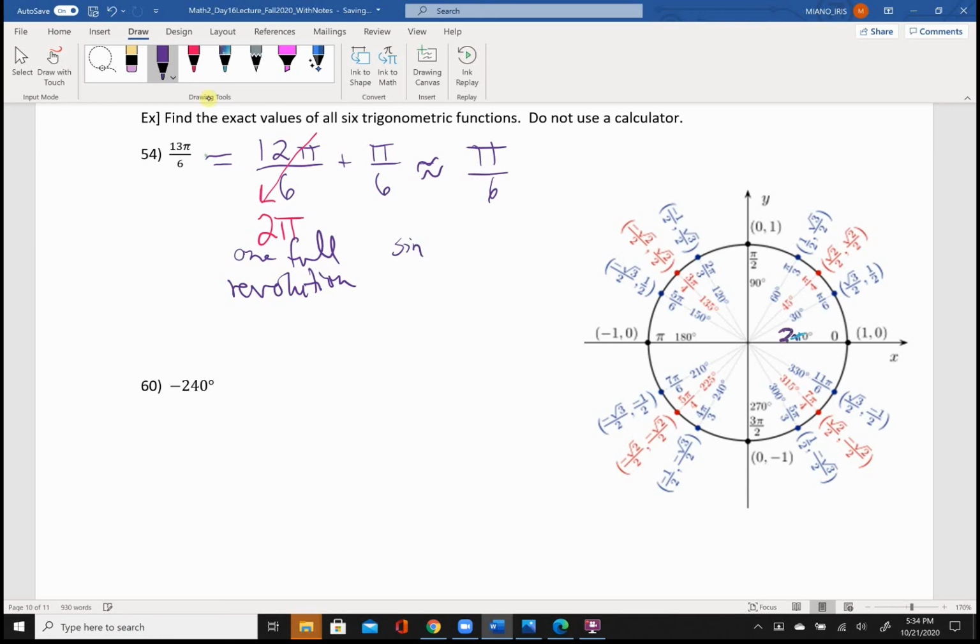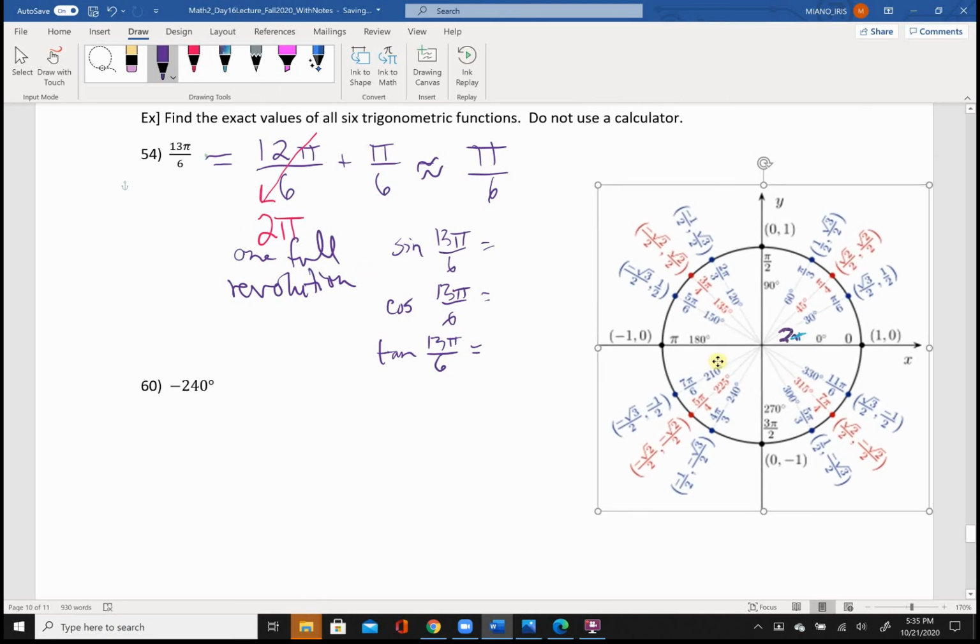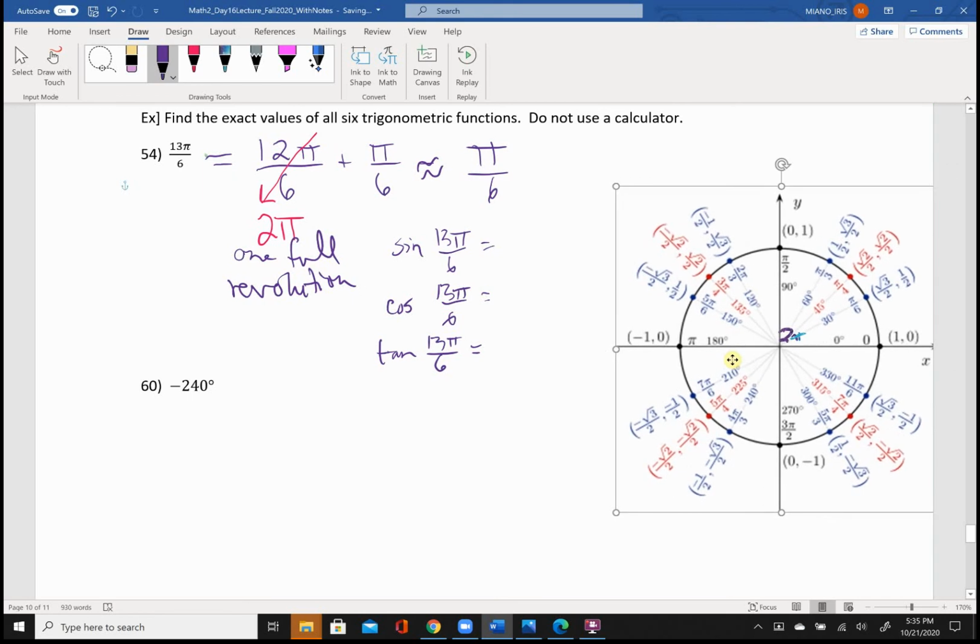Sine of 13 pi over 6, cosine of 13 pi over 6, tangent 13 pi over 6. So we're going to find all those values. We're going to find their reciprocals, which is kind of running out of room here. Let me see, I can move this over just a notch more.